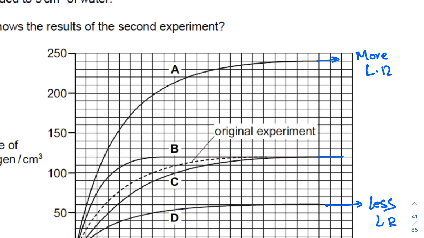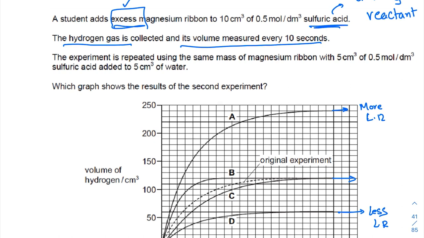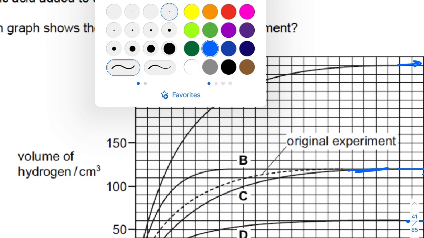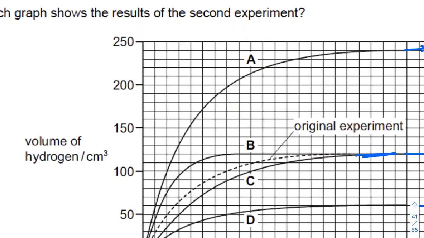And what is the original experiment? It is 10 cm cube volume and 0.5 mole per dm cube concentration. More limiting reactant gives you experiment A, and less limiting reactant gives you experiment D. B and C are the same because they end up at the same value. If you want to know the values, we can check them. There are 5 lines between 0 and 50, so each line is 10.